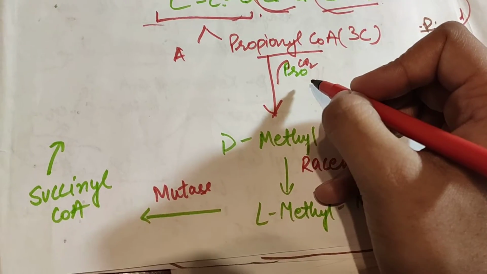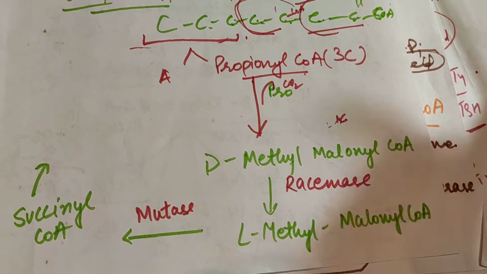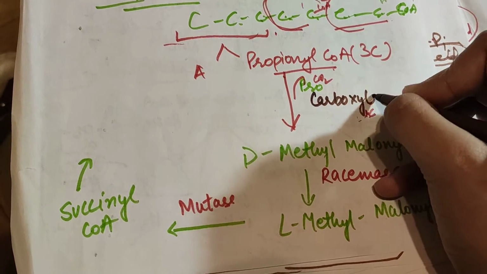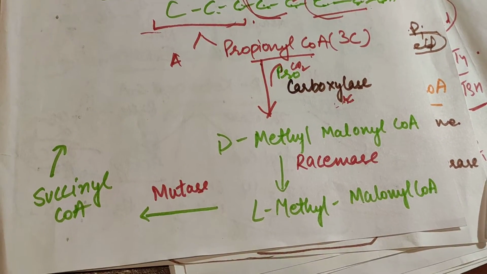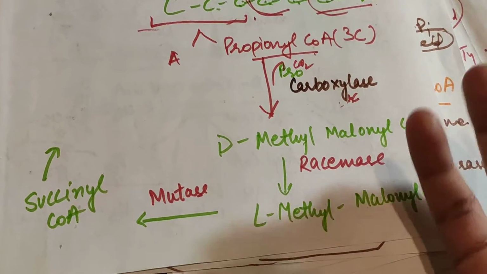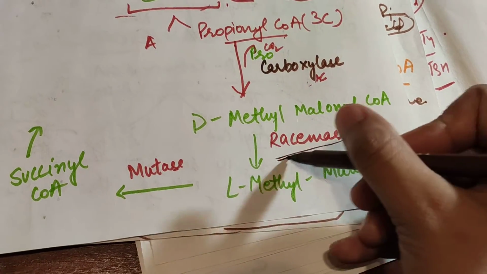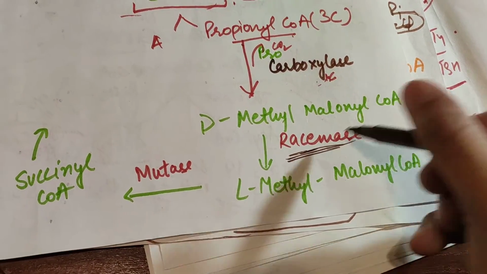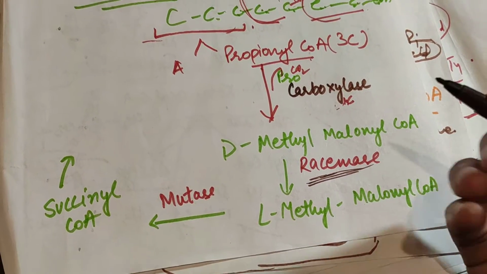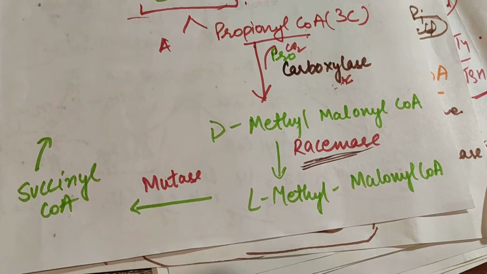Which enzyme will you use? Propionyl coenzyme A carboxylase, simple. Then the D form is formed, but we know that in our body the L form is the active form. So we convert it through a racemase, which is chemistry happening in biochemistry. So the D form will be converted into the L form of methylmalonyl coenzyme A.